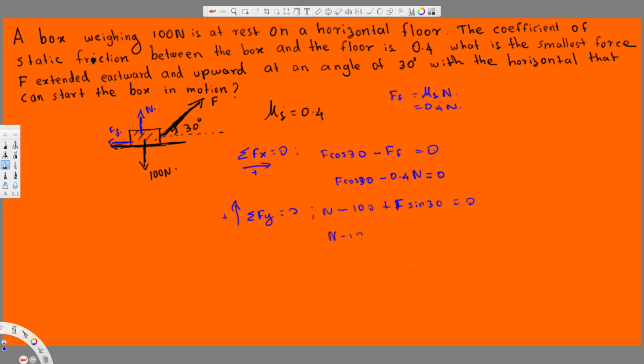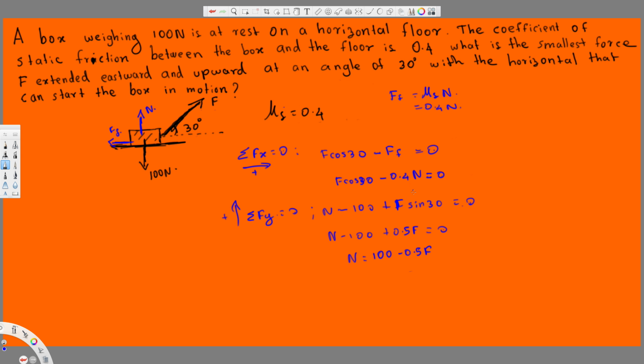So N minus 100, and this is sin 30, so we can put it as 0.5 F. So first thing I can do is write these things in terms of N and substitute in the other one, because if I substitute the N here, I can find the F. So let's solve this in terms of N. If I do that, this will become 100 minus 0.5 F is equal to N.